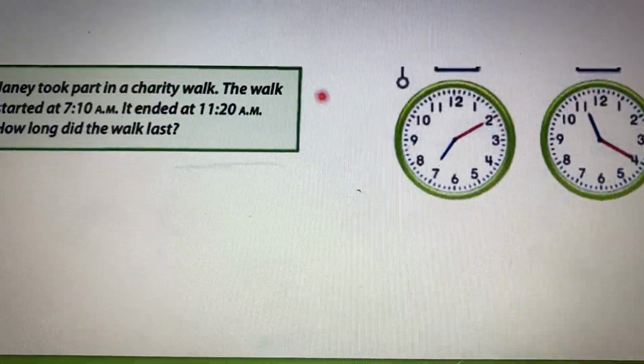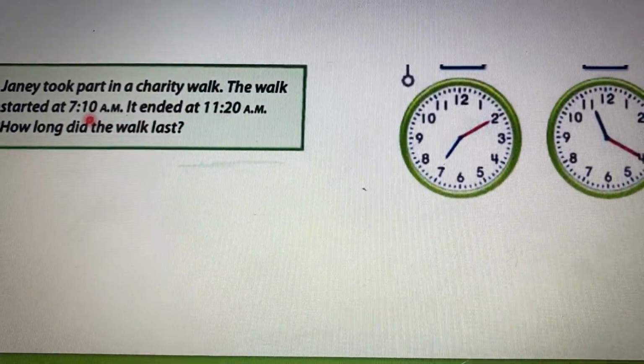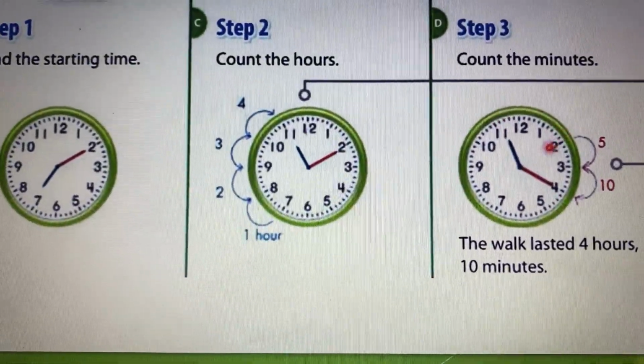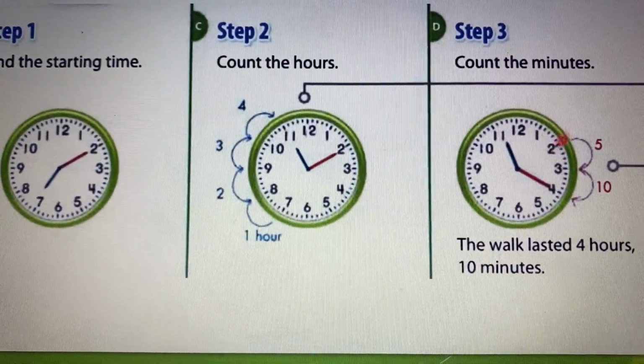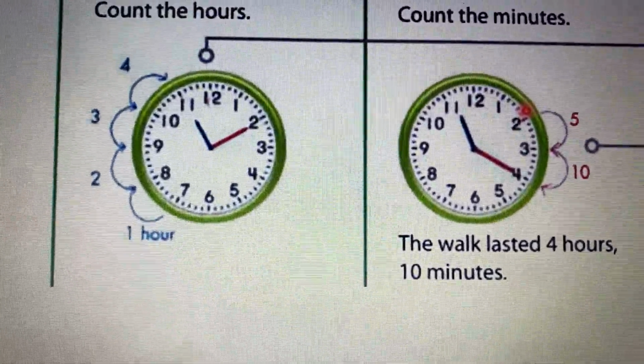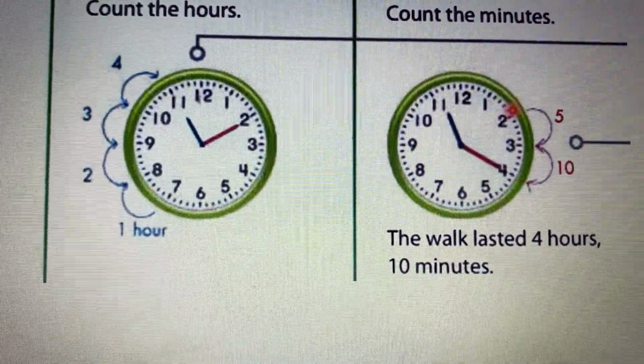The minutes: she started at 10 minutes and ended at 20 minutes. So 10 minutes is on 2. And don't forget, we're skip counting by 5.